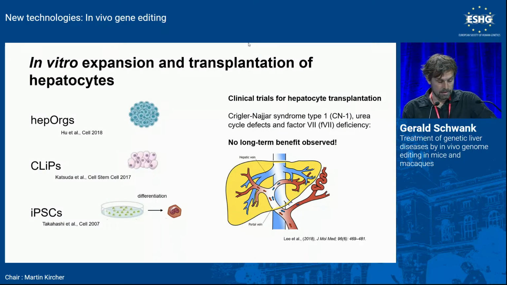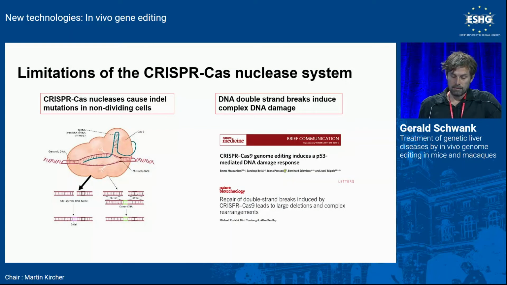So the transplantation of hepatocytes, although the liver is a very regenerative organ, is potentially not as easy and straightforward as one would wish. So for our lab, we thought it's too hard a nut to crack, and we then focused on the in vivo genome editing approach.